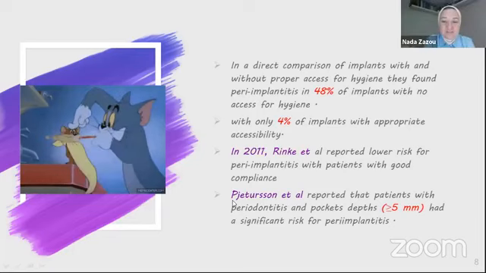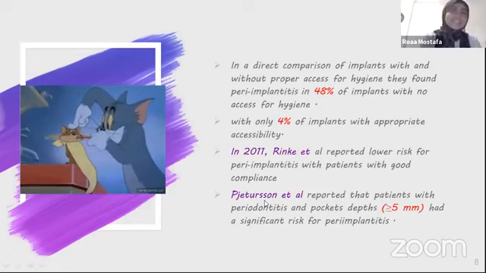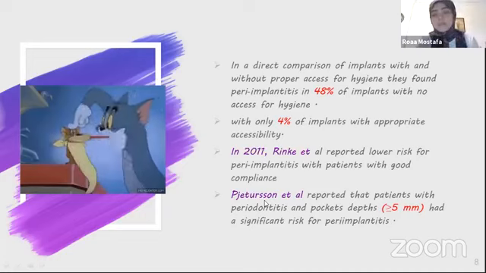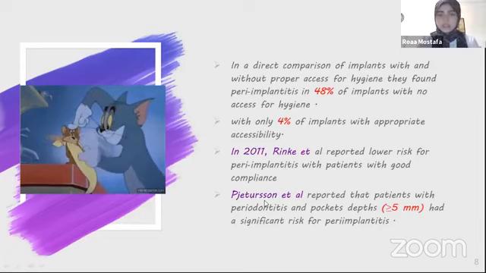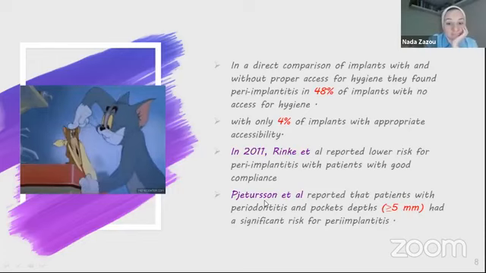Jetterson. Okay. Jetterson et al. reported that patients with periodontitis or pocket depth more than 5 millimeters have a significant risk for peri-implantitis. This is how important oral hygiene is in maintaining the peri-implant health and the peri-implant tissues.